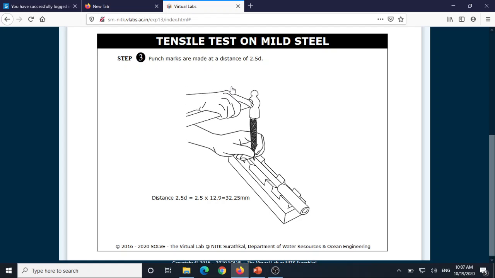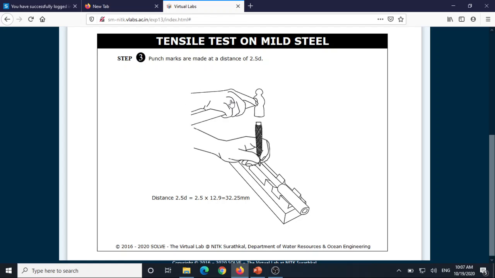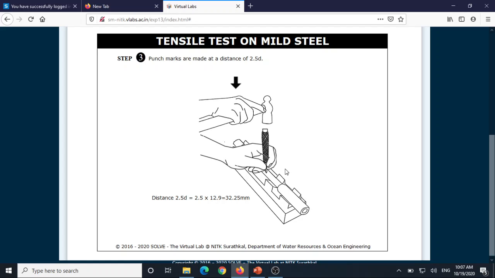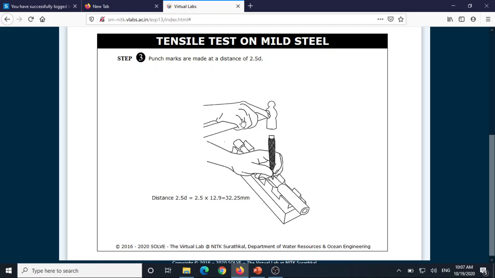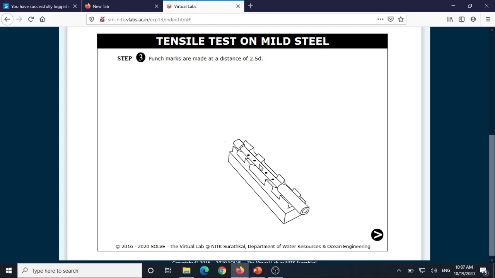Mark the second punch, and similarly mark the other punches. After marking these punches, you can measure the distances at the different places.